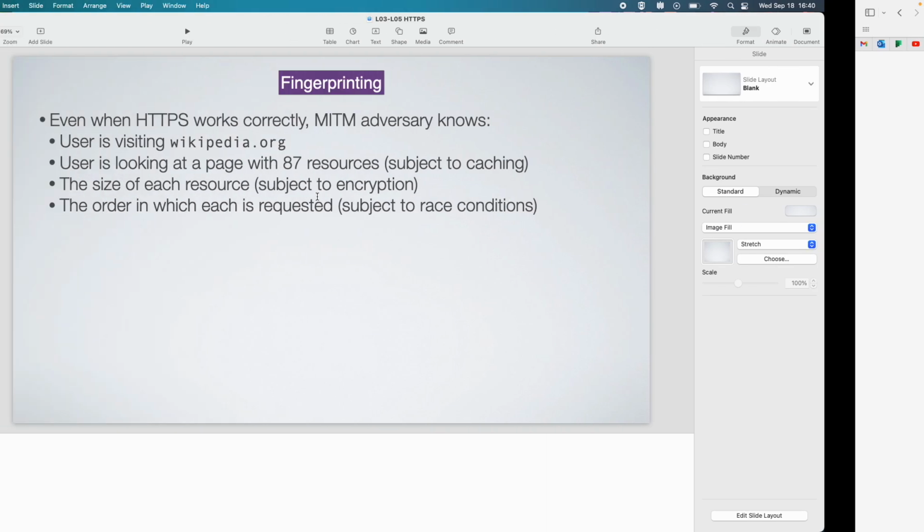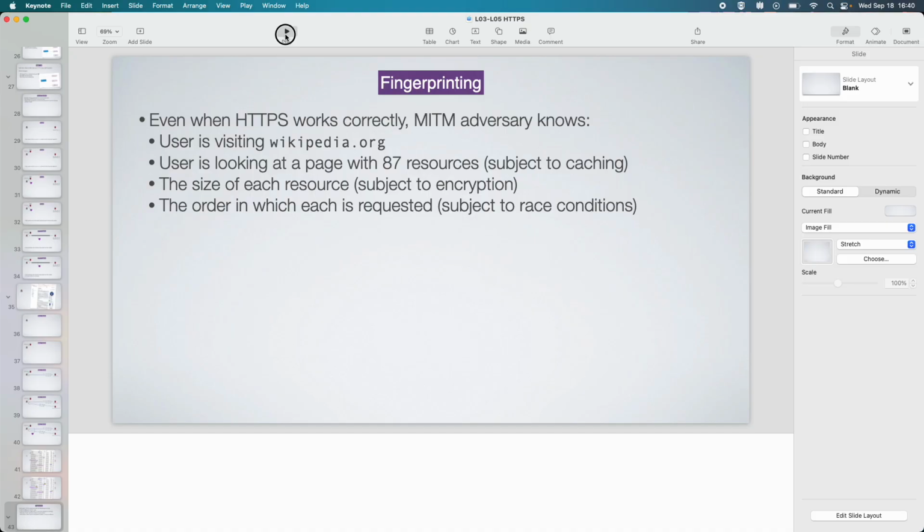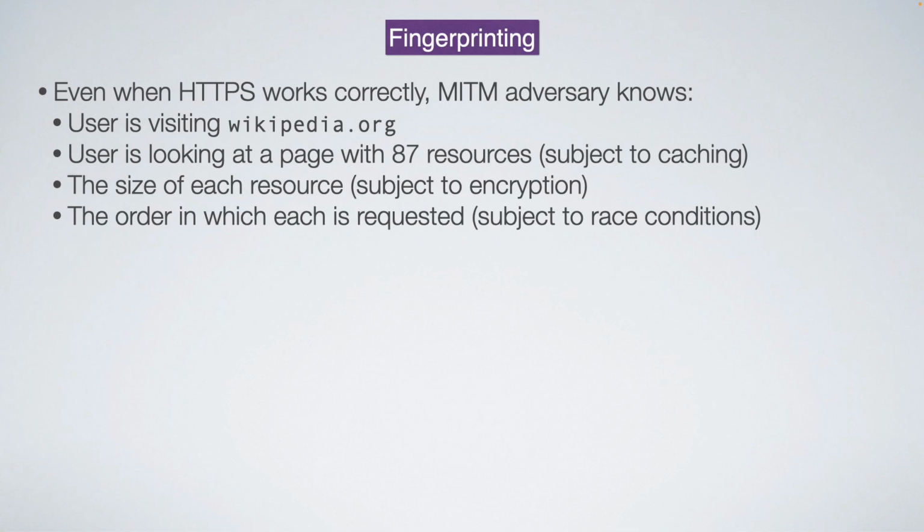But there is a rough pattern or fingerprint to what this website looks like, even if you're just looking at encrypted traffic. Not every article on Wikipedia is going to have roughly 87 resources where there's a bunch of big files that come down first and then smaller ones and then bigger ones and then smaller ones.